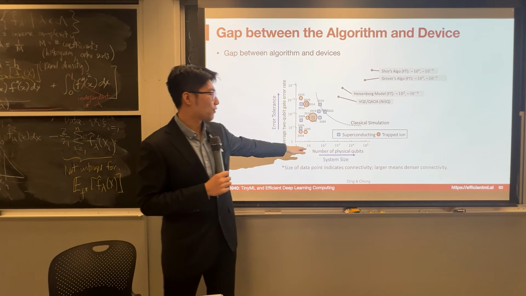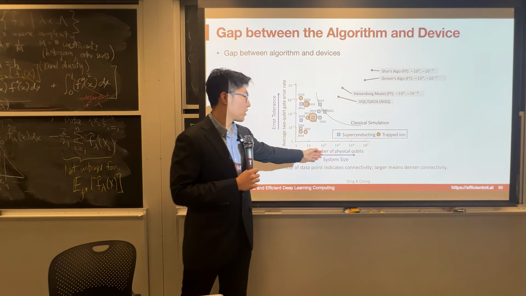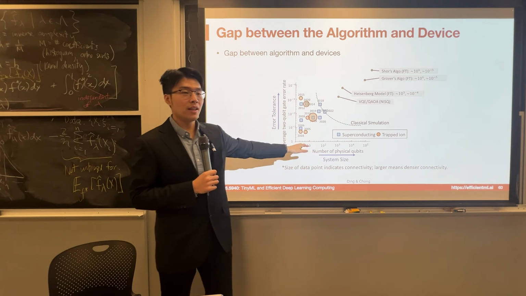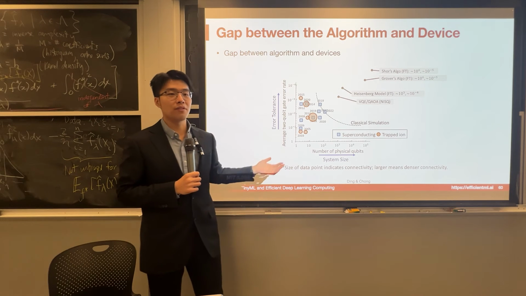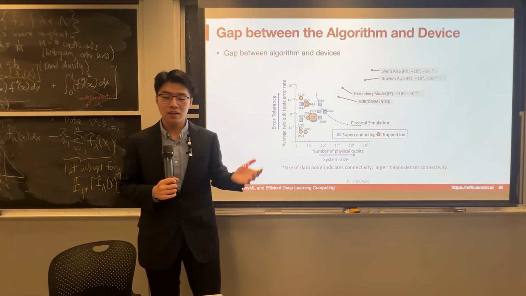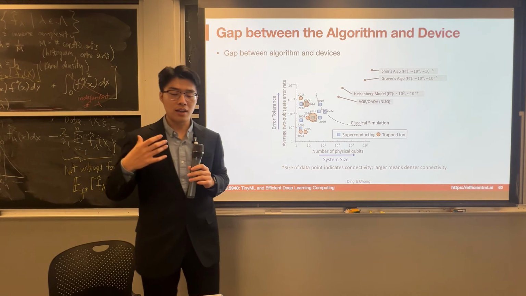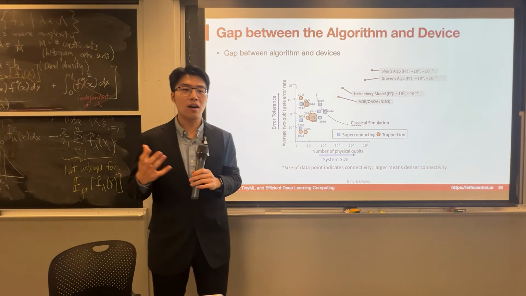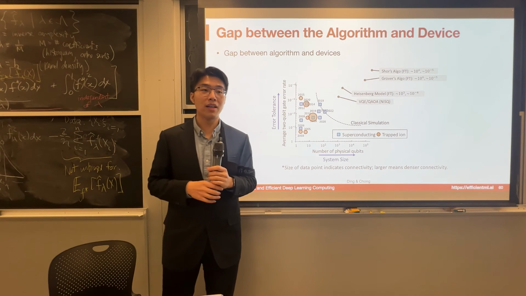So previously, say if you have a quantum machine with 1,000 qubits, maybe you can only use 100 of them, because when you use more of them, the final result will be very erroneous. But our technique also focuses on how to better utilize the currently available machine.